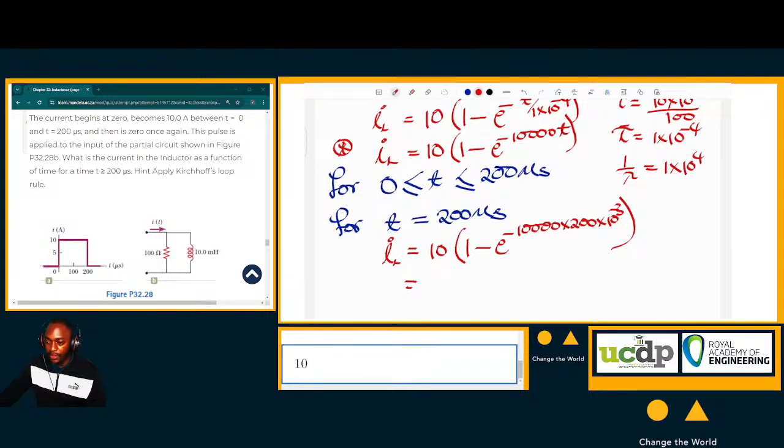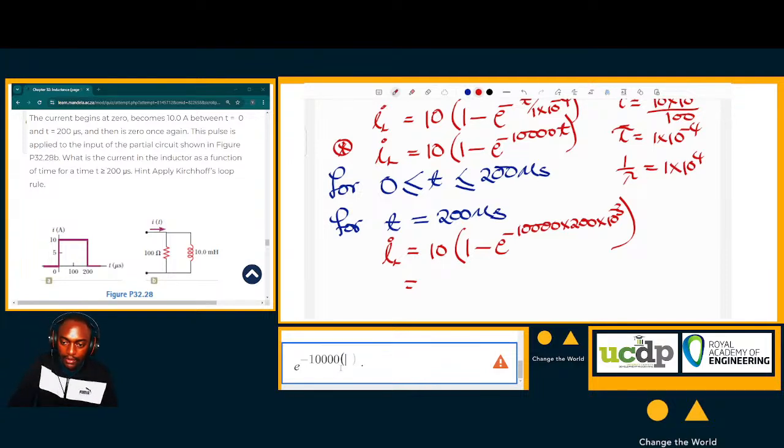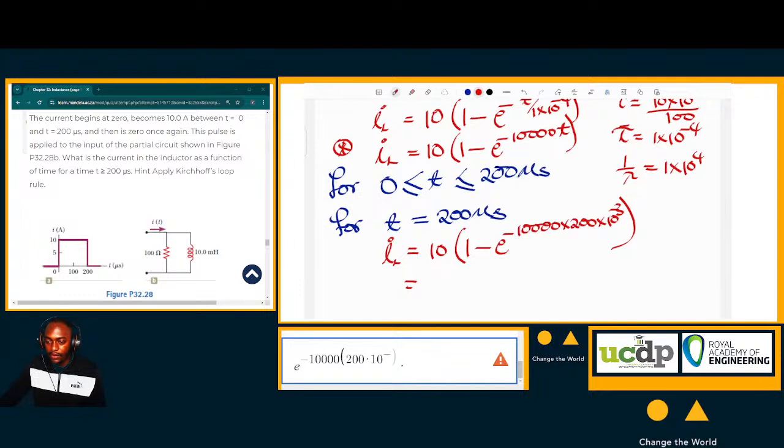Let me just do it in steps rather. Exponential of negative 10,000 times 200 times 10 to the power of negative 3.